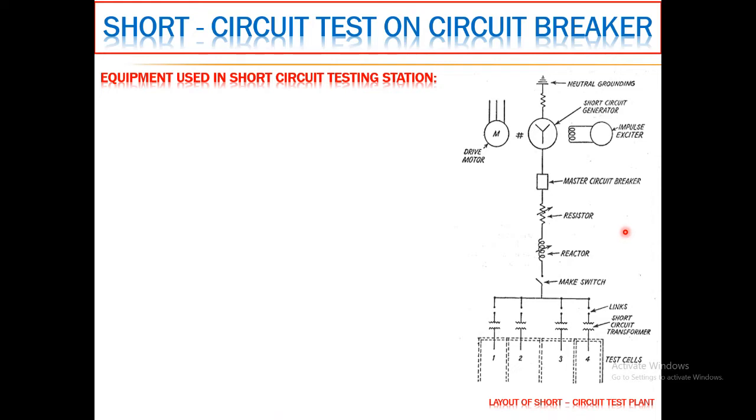The rated characteristics means the information related to the data which you can read on the nameplate of the circuit breaker. To check whether the circuit breaker is properly designed as per the specifications given on the nameplate, the short circuit testing is conducted.